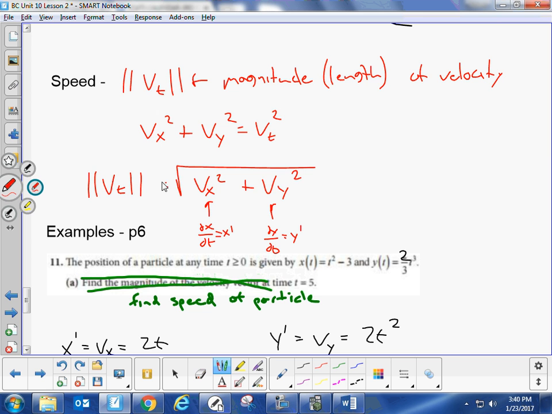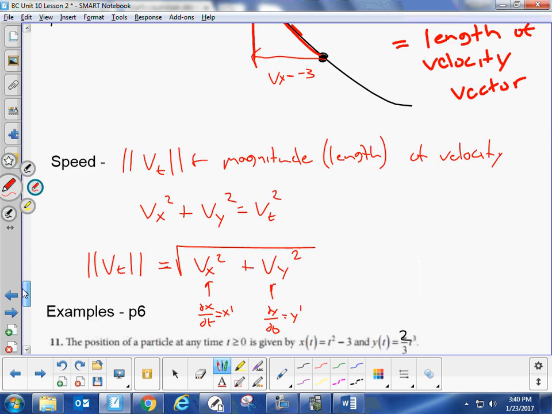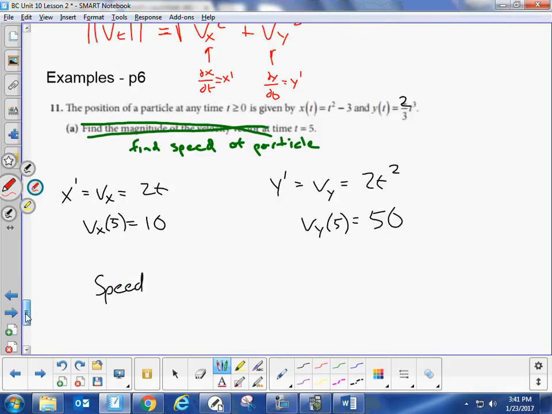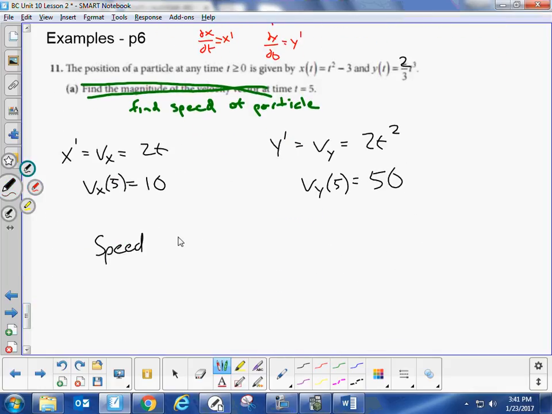Fix that on your guys. And fix that here. Root 2,600.